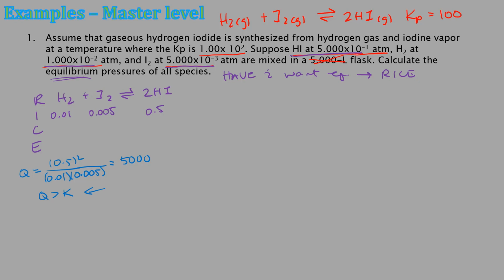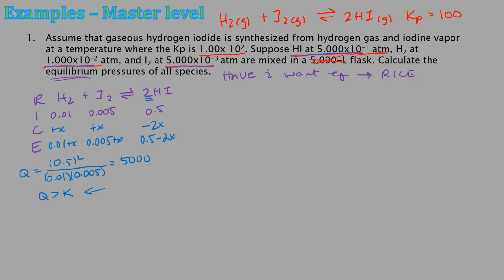So I'm going to lose product and gain reactant. So that means I'm going to lose negative 2x here because I've got 2 of them, and then I'm going to gain plus x and plus x on this side. So then I end up with 0.5 minus 2x, 0.005 plus x, and 0.01 plus x.